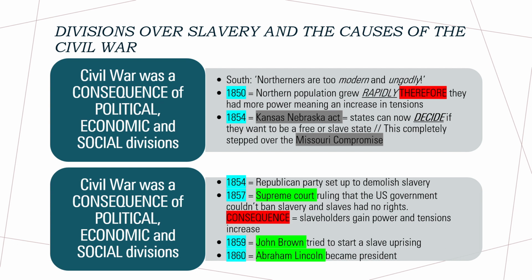A consequence of this ruling from the Supreme Court was that in 1859, an abolitionist called John Brown tried to start a slave uprising, but he unfortunately failed. That's just a nice little fact you can add into some of your essays. You don't have to mull over that too much.